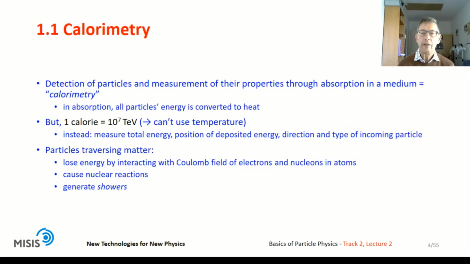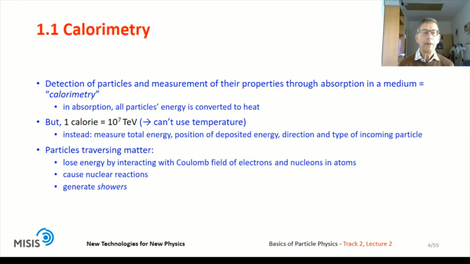So instead, what we can do is measure the total energy that is deposited. We can also measure the position where this energy was deposited, and from that derive the direction of the particle that left this energy. And we can also deduce the type of the incoming particle. We can do what is called particle identification.